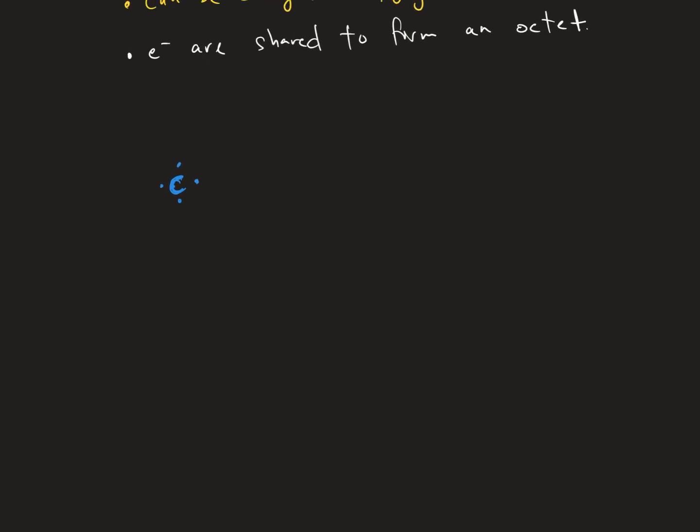Okay, any questions on how to name ionic compounds? If it's a main group element, we use the element name of the cation first, change the element name of the anion to -ide, and that's it. Do we remember that? If it's polyatomic ions, we use the polyatomic ion name.